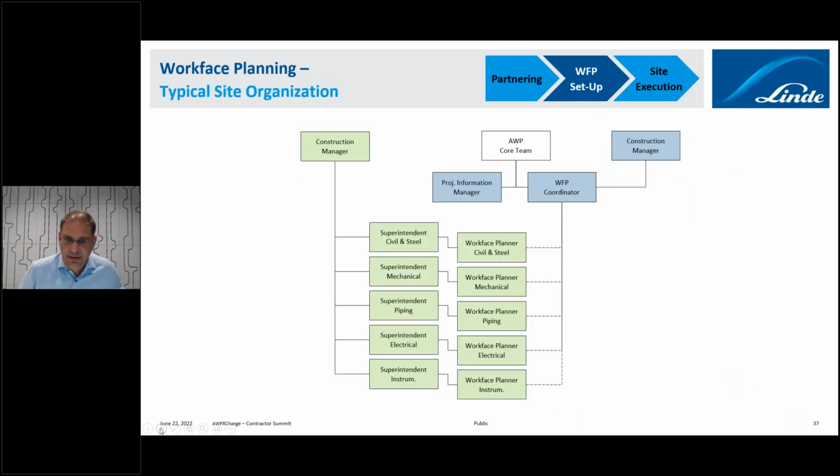So here, this is a typical organizational setup, which I think should not be new to anybody here. But I just would like to highlight what we really figured out from the lessons learned, what is important. So you see here the role of the workplace planning coordinator.